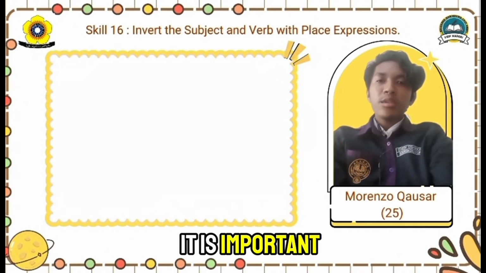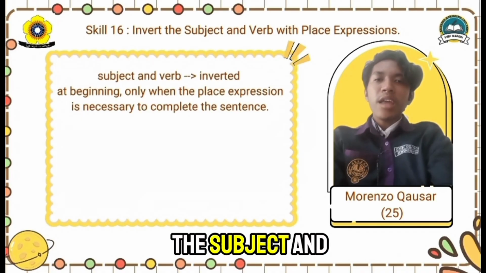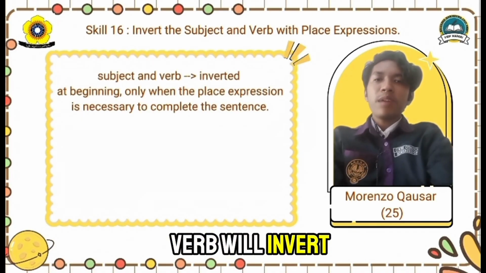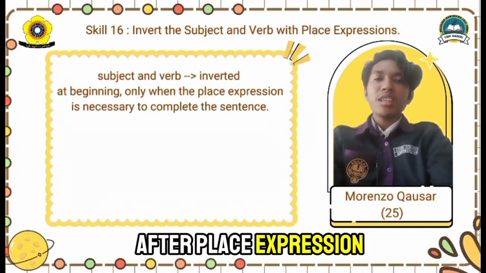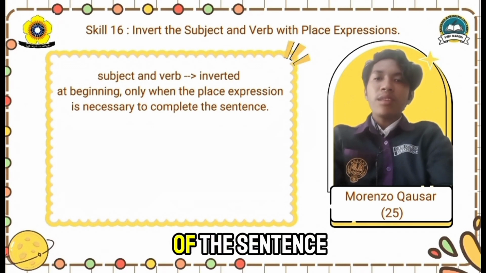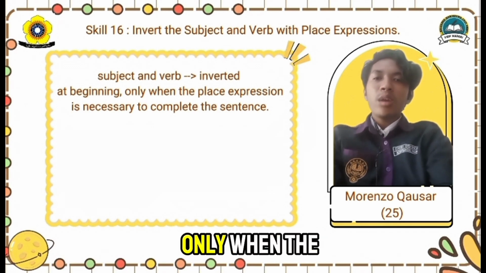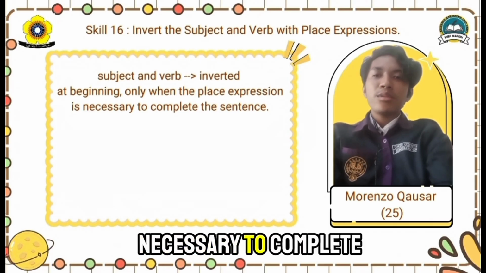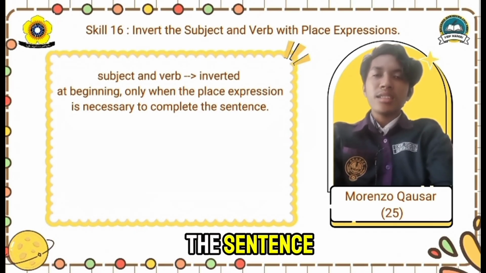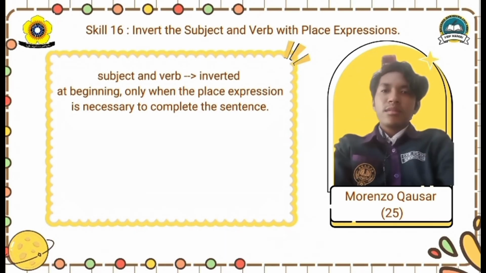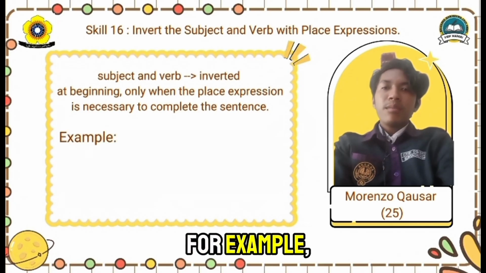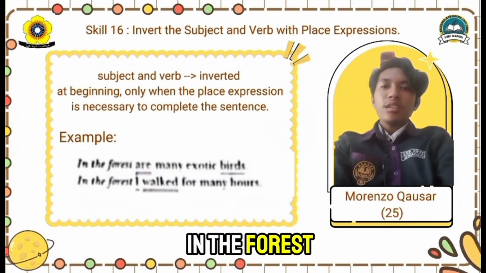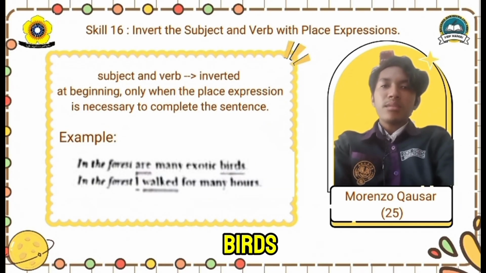It is important to understand that the subject and verb will invert after a place expression at the beginning of the sentence only when the place expression is necessary to complete the sentence. For example, in the forest are many exotic birds.